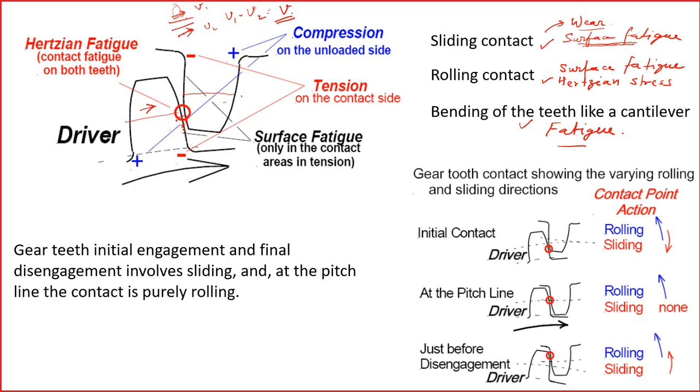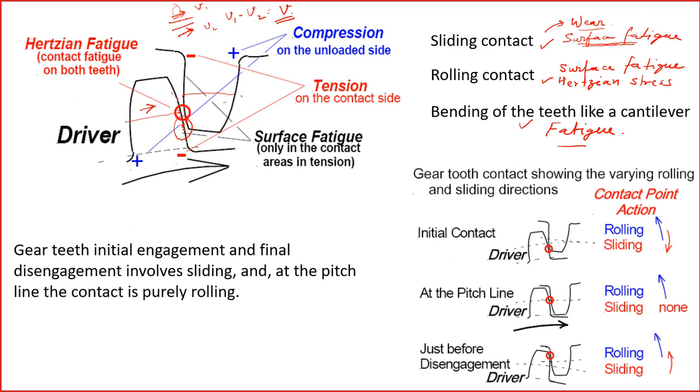So there will be sliding here in the dedendum part of the driving gear. When the two pitch points come in contact, there will be no relative speed, so there will be pure rolling at that point.